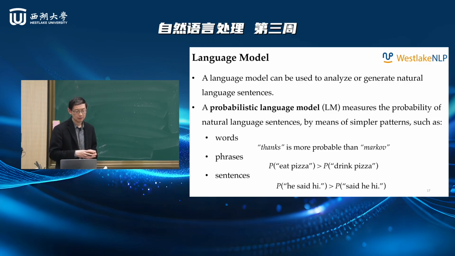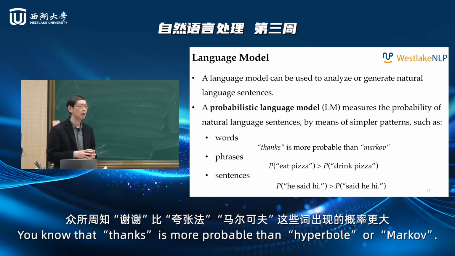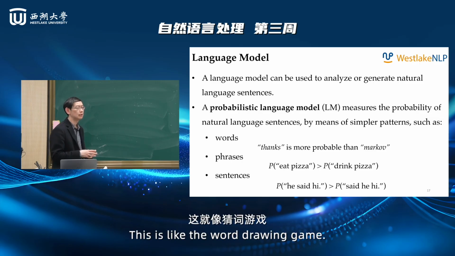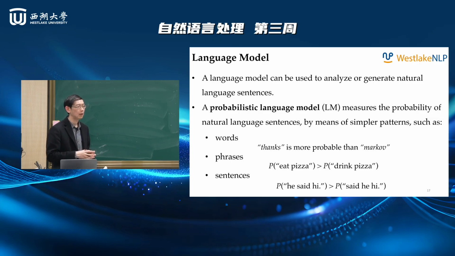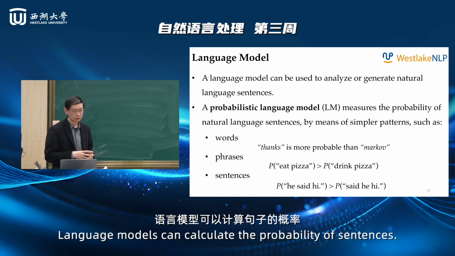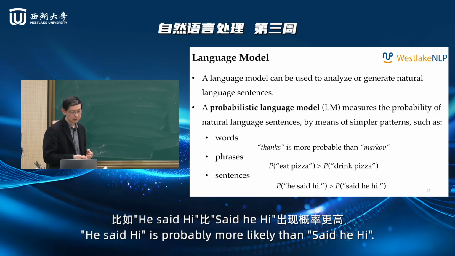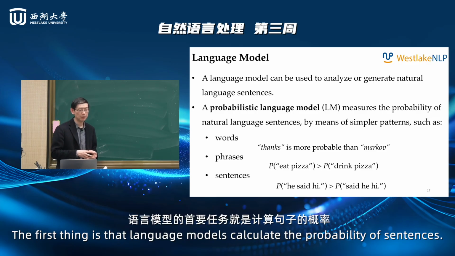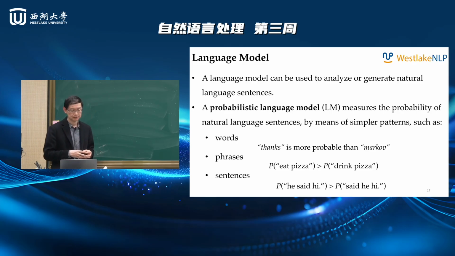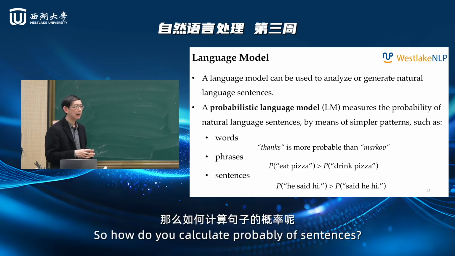You know that thanks is more probable than hyperbole or Markov. This is like the word drawing game. Other language models can calculate the probability of sentences. Say, he said hi is probably more likely than said he hi. So the first thing you know is that language models calculate the probability of sentences. So how do you calculate the probability of sentences?